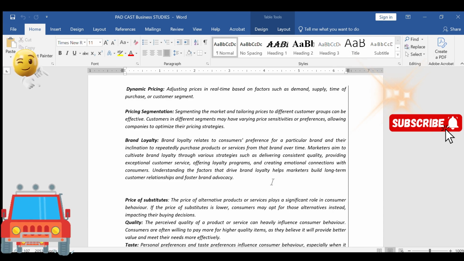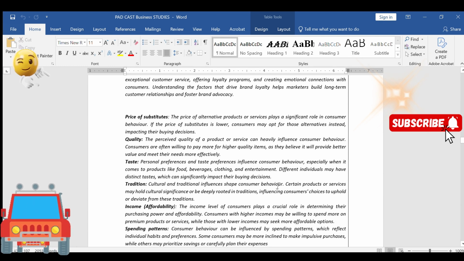Marketers aim to cultivate brand loyalty through various strategies such as delivering consistent quality, providing exceptional customer service, offering loyalty programs, and creating emotional connections with consumers. Understanding the factors that drive brand loyalty helps marketers build long-term customer relations and foster brand advocacy.